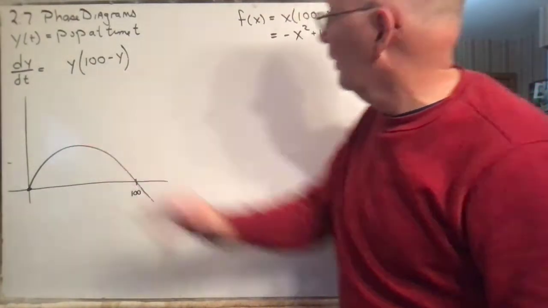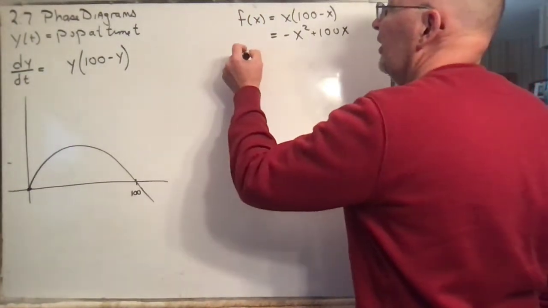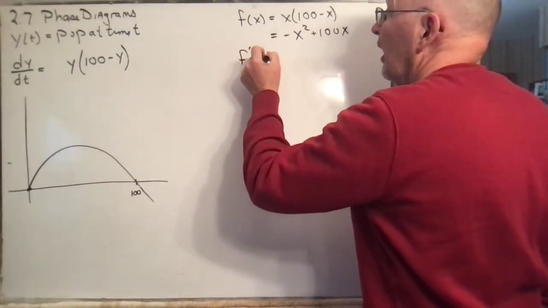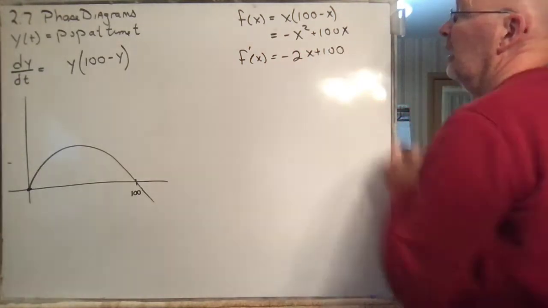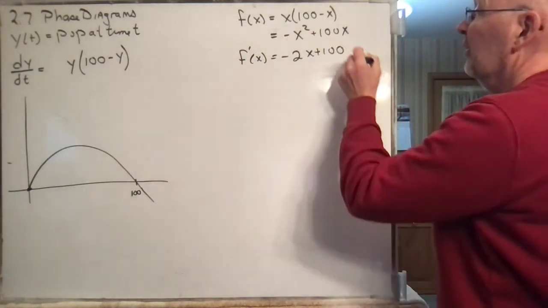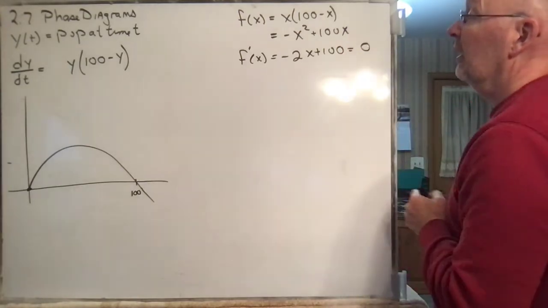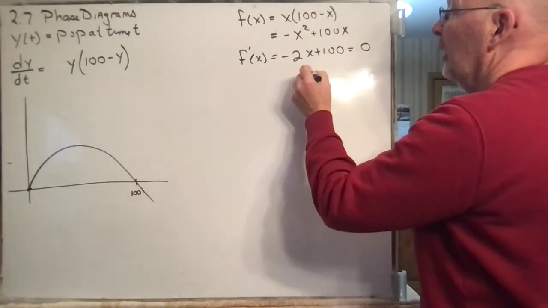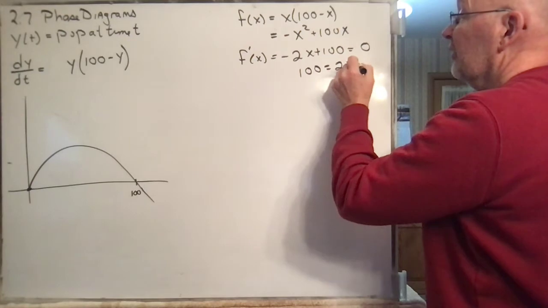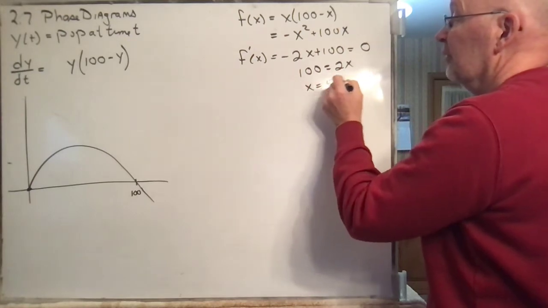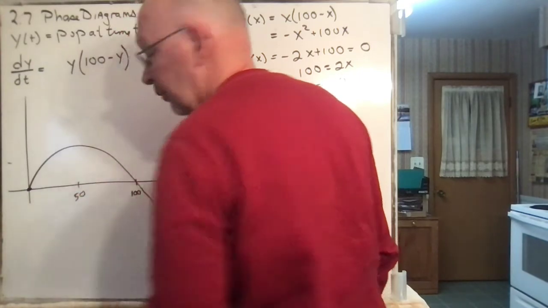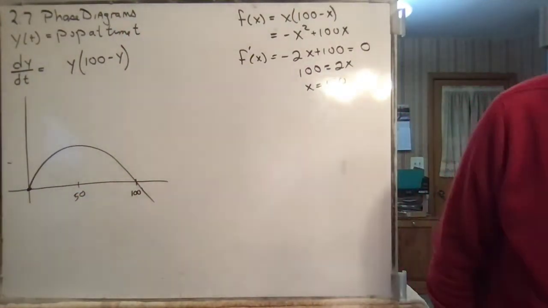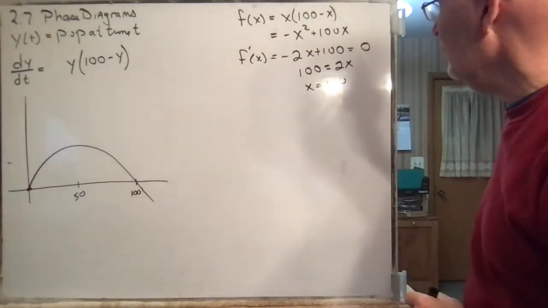The vertex is going to be where the slope is 0. So you take the derivative, and the derivative is going to be negative 2x plus 100. And you want to know where that slope will be 0, so you set it equal to 0. And you solve it, you're going to get 100 is equal to 2x. x is equal to 50. So it happens right there at 50 is where the maximum occurs.